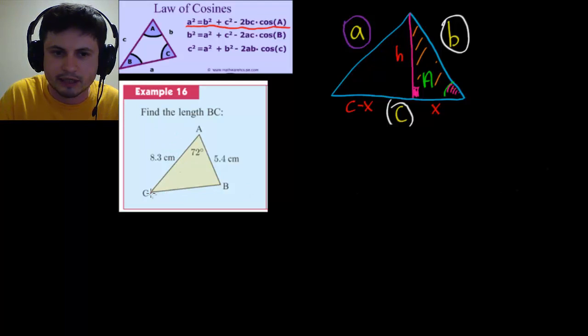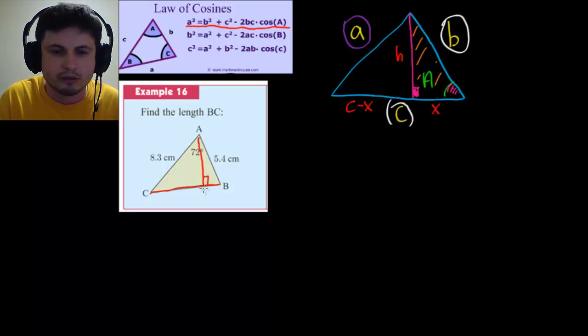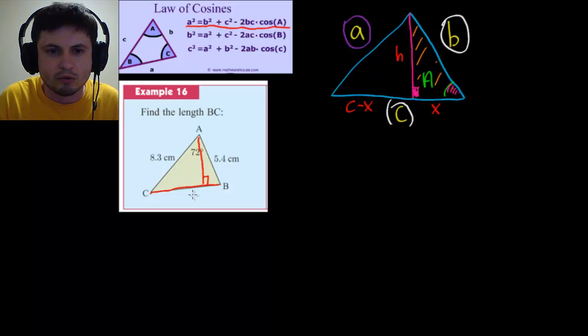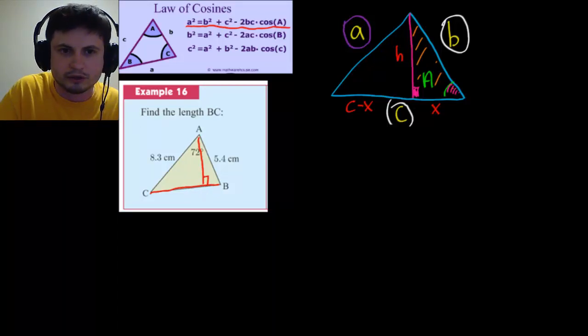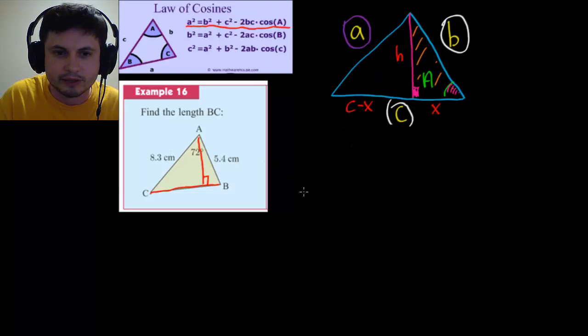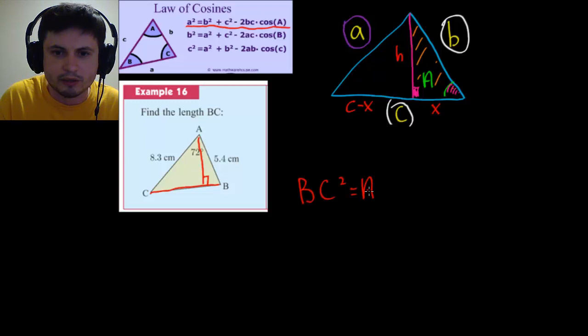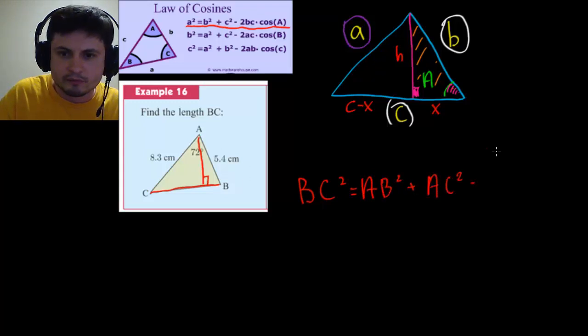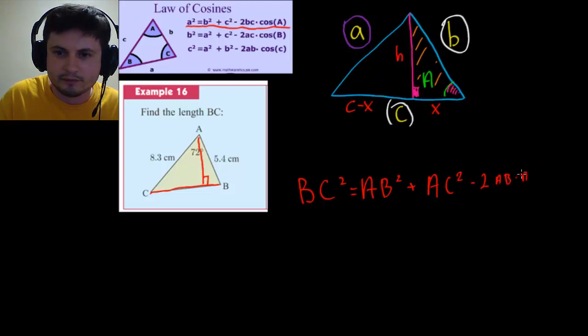Right away you can obviously solve it by doing this and then figuring out what the rest of the things are, or you can just look at this formula and realize that BC squared equals AB squared, which is the other side, plus AC squared minus 2 times AB times AC times cosine of 72 degrees.